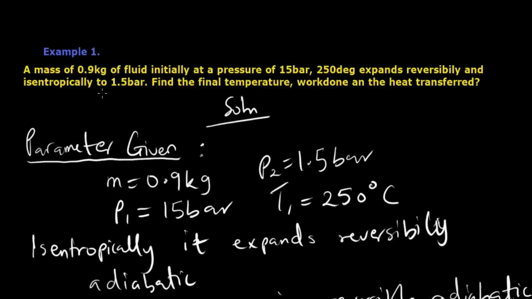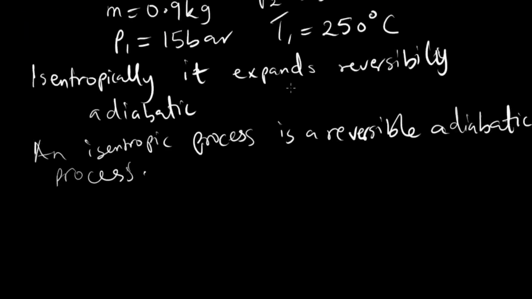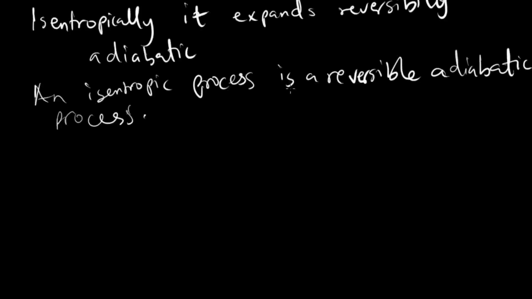So they said a fluid. A fluid now, we'll make two assumptions just like we did in some other videos before. So a fluid can either be a vapor or a perfect gas.